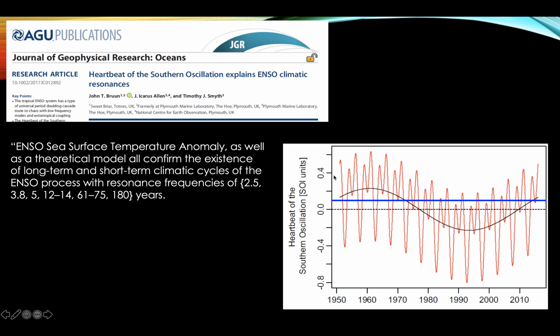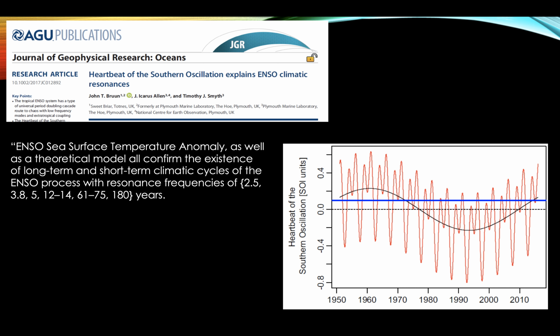And basically, if you combine all of these short-term climatic cycles, these resonance frequencies, the combination would lead to the pattern that we see for El Nino events. So they were able to link the occurrence of prior El Nino events to the correlation between these individual smaller cycles. So it's an intriguing hypothesis, right?